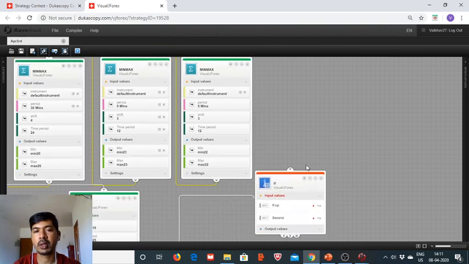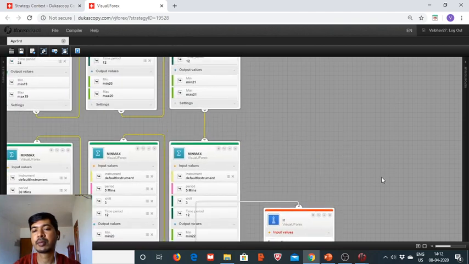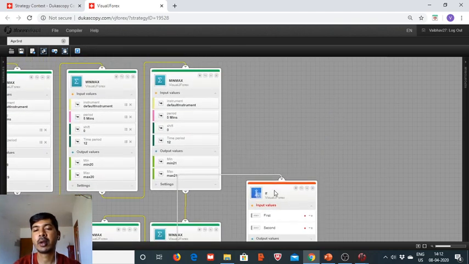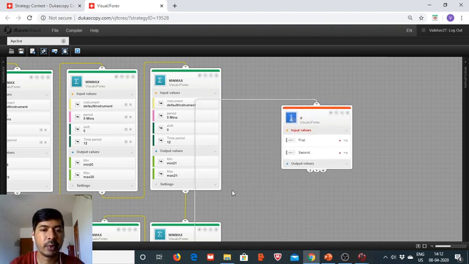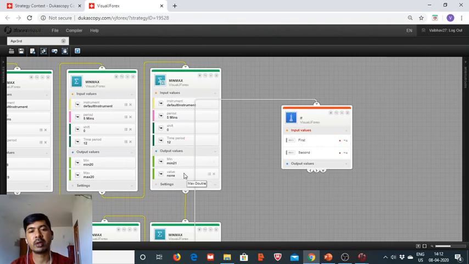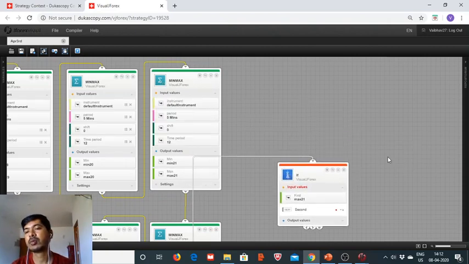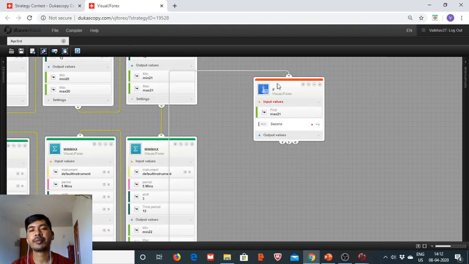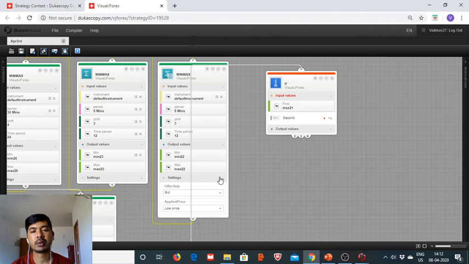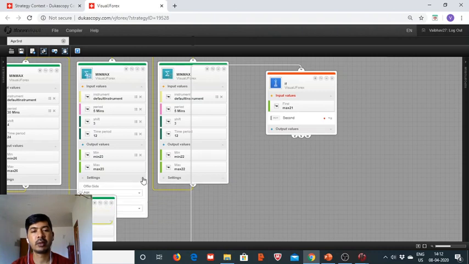Now we again take the 5 minutes value. We want the current maxima value of the last 1 hour. So here maxima 21 should be less than or equal to, we will need this one, ask 23.